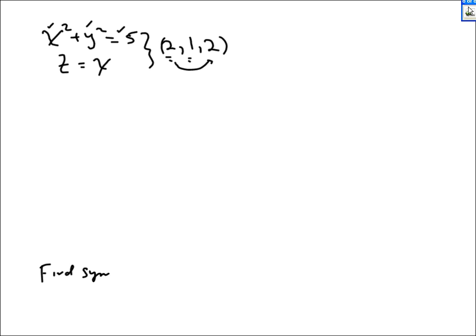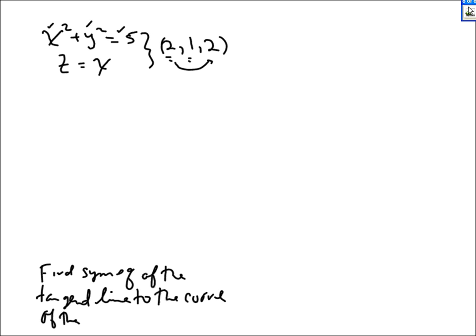So find symmetric equations of the tangent line to the curve of intersection of the two given surfaces. That is called part A.